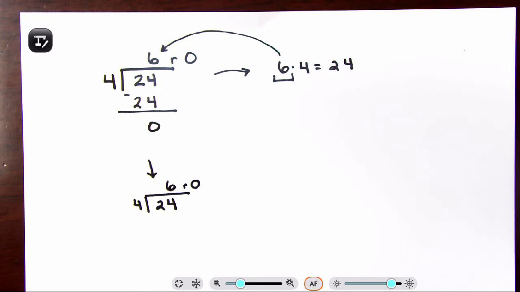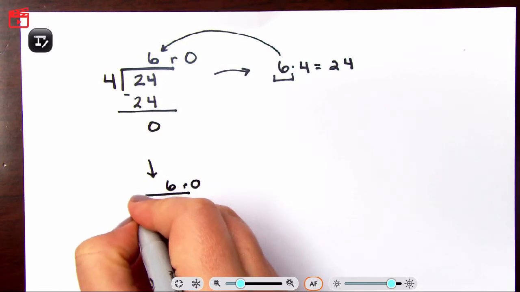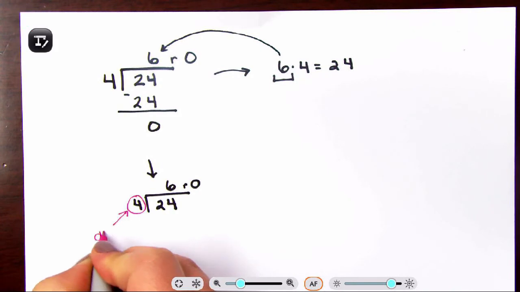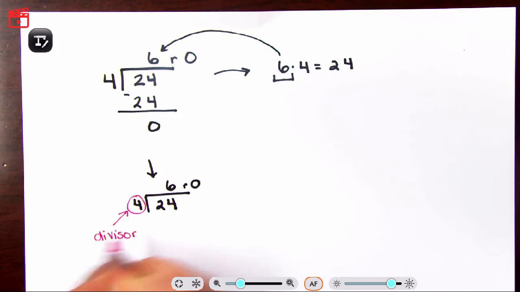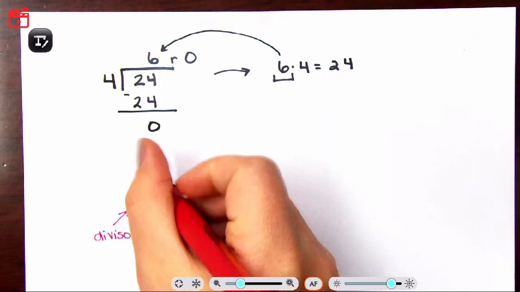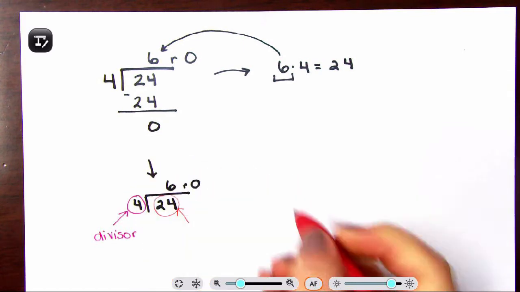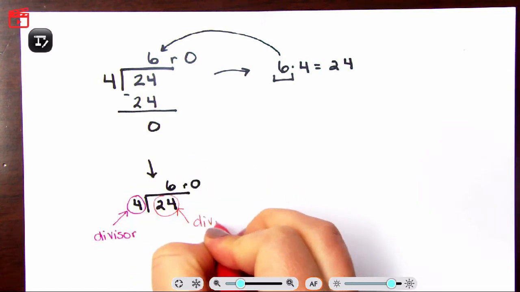The first thing we want to define is this number out here. This number is called the divisor. The second thing that I want to define is what is inside. Inside is called the dividend.